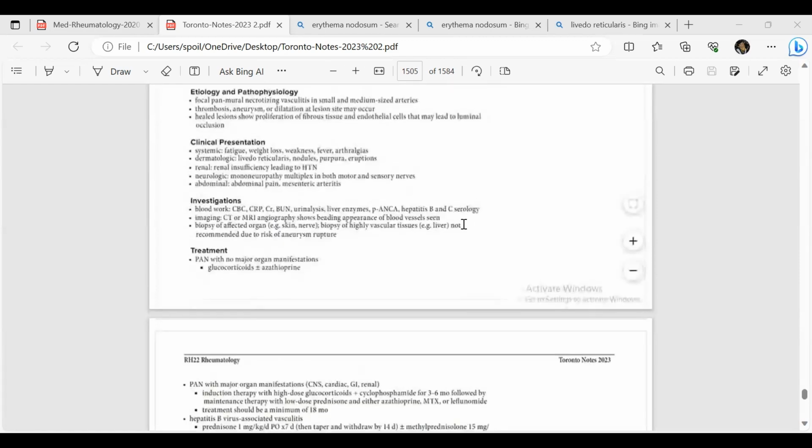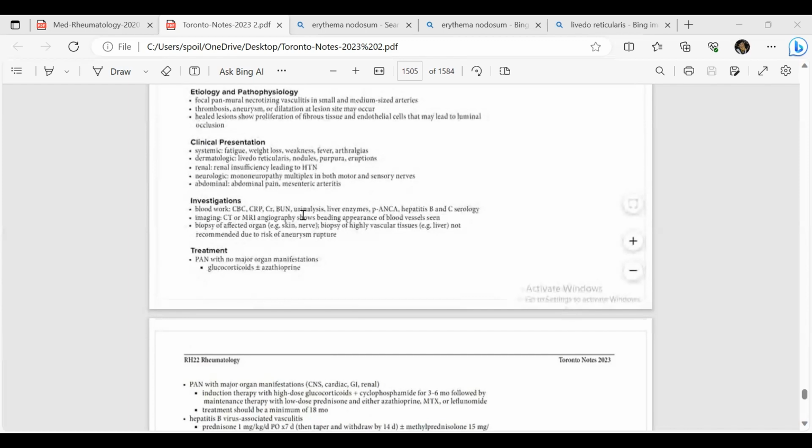So while investigating for PAN, we will order both tests, B and C, along with liver function tests and renal function tests.